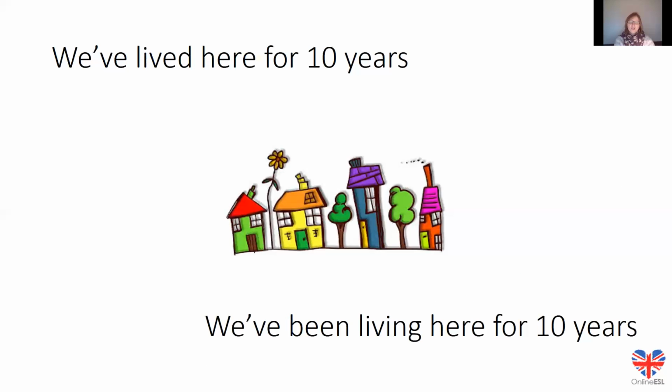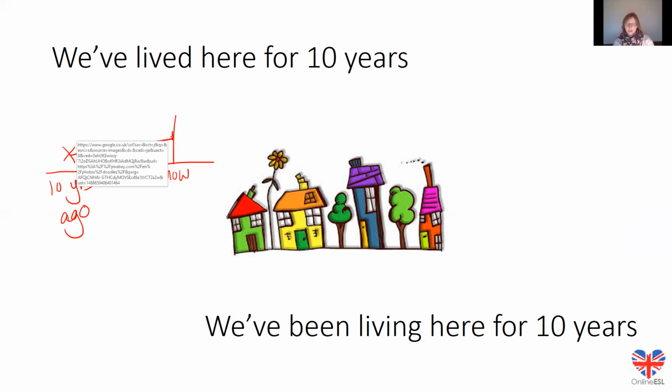Some verbs we can use both forms. So if we're talking about where you've lived, then we can use either the present perfect simple or the present perfect continuous. So you can say we've lived here for 10 years or we've been living here for 10 years. So we're talking about time up until now. So this is 10 years ago. This is time up until now, present perfect.